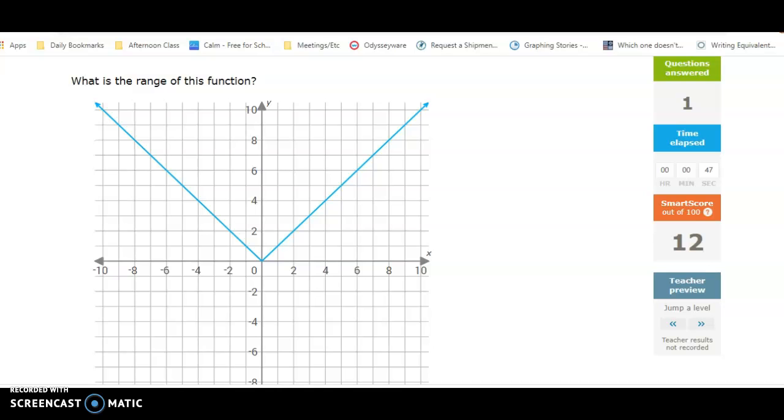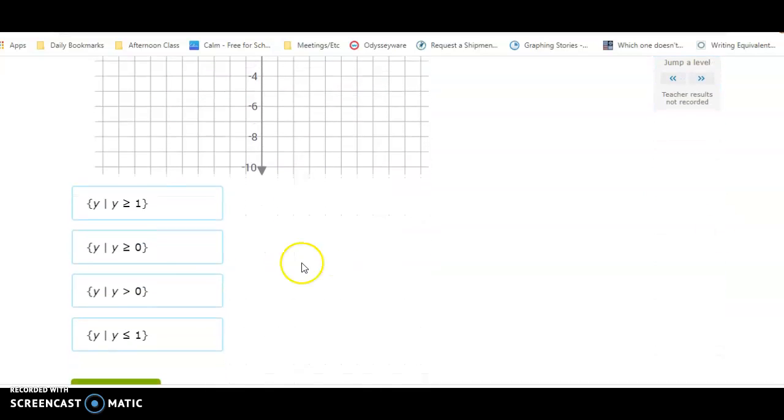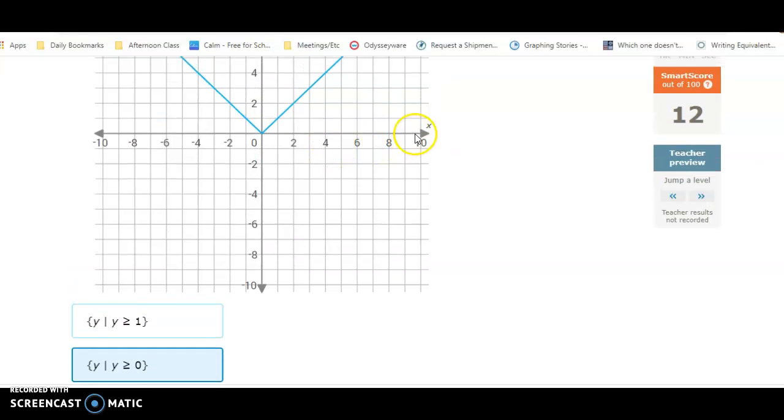It's from 0 and up. So y is greater than or equal to 0. So anything that would be along the x-axis, if it's not shifted up and down, it's going to be greater than or equal to 0 if it's heading up.